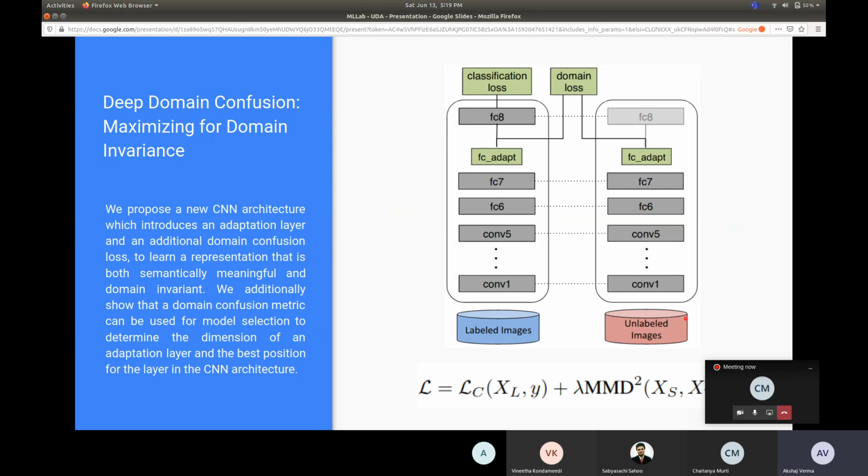The first thing is it will learn to classify the output class better. Let's say if you're talking about MNIST, then it will learn to classify the classes 1, 2, 3, 4, 5, and so on accurately. And the domain loss, on the other hand, will try to discriminate between the numbers from two domains. So let's say if you have two data sets, MNIST, and there's another data set called MNIST-M.